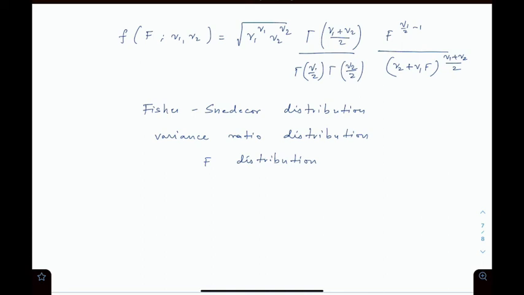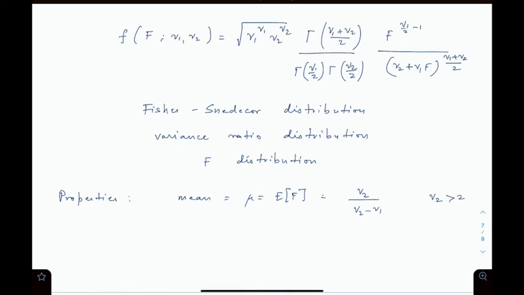Now, if you look at the properties, the mean is given as nu2 by nu2 minus nu1, provided nu2 should be greater than 2.